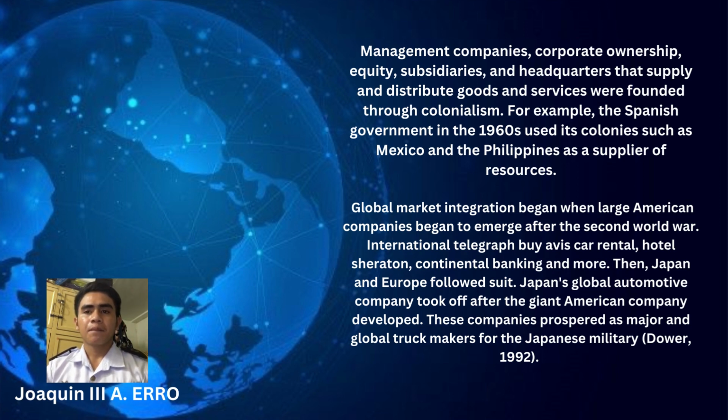The French multinational automaker Renault was used to assist post-war military operations. The emergence of Japanese, American, and European global companies paved the way for more continuous development of international trade.